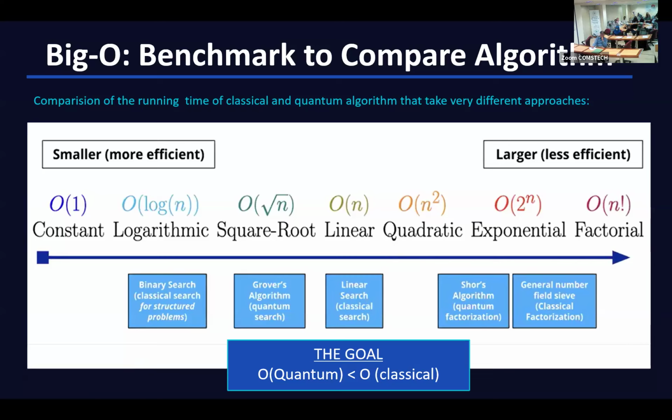We want to develop quantum algorithms for which the big O notation for the quantum is less, and the classical, which we have right now, should be greater than that. We want to develop algorithms which are more efficient as compared to the classical one.